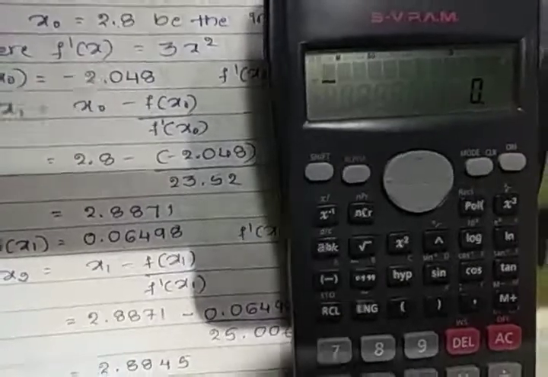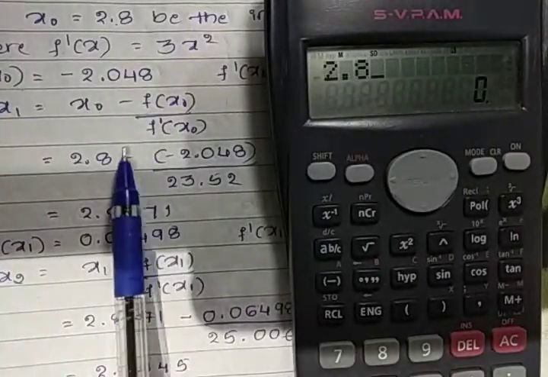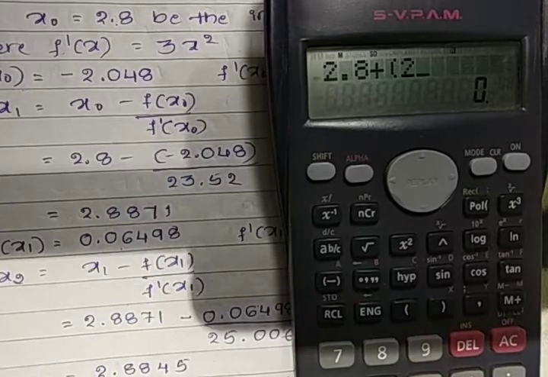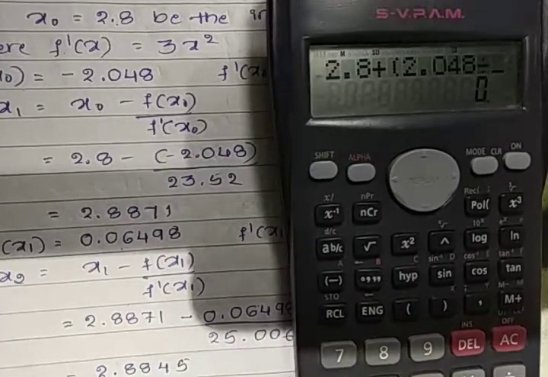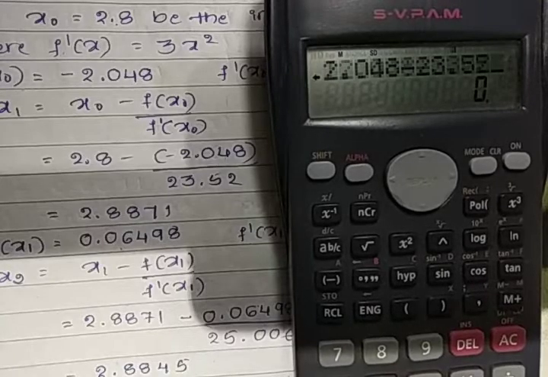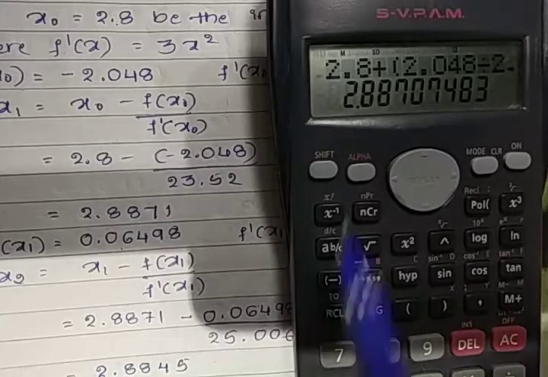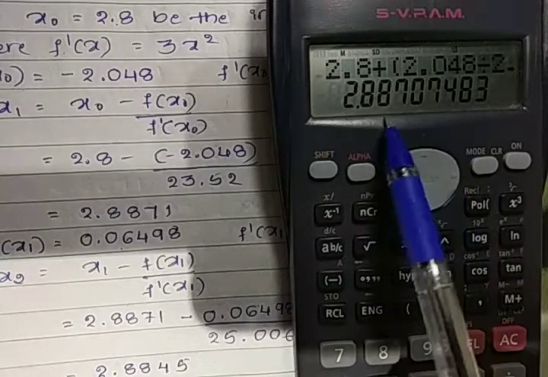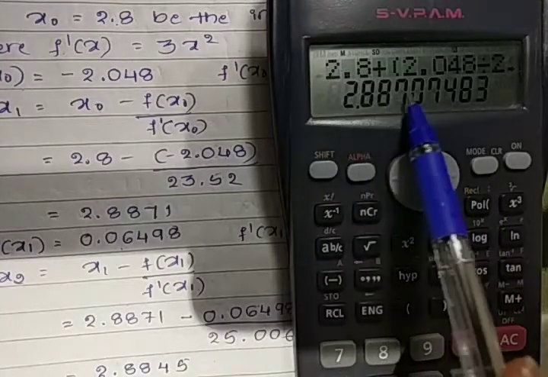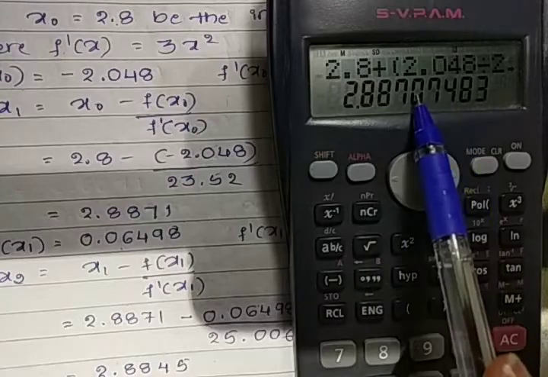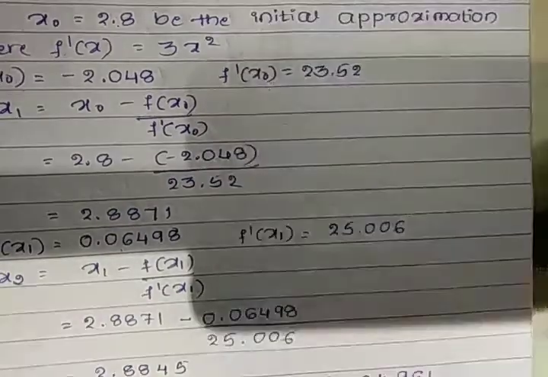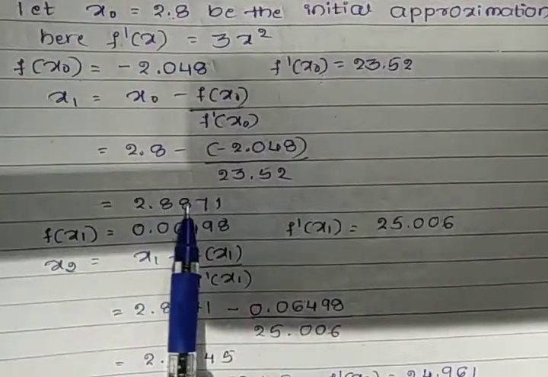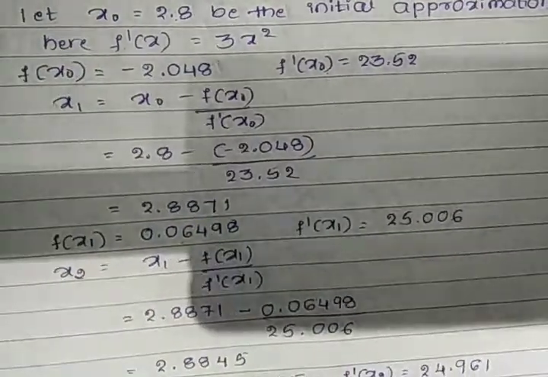We are calculating here 2.8 minus of minus, plus, within brackets 2.048 divided by 23.52, complete the bracket, then we'll get 2.88707. If we round it off, then this will be 1. So the first approximation, that is x1, is 2.8871.